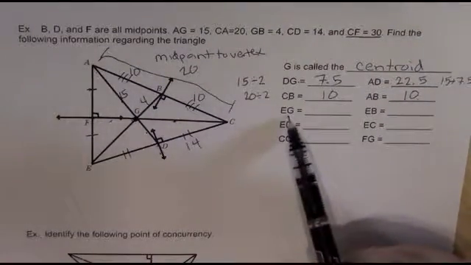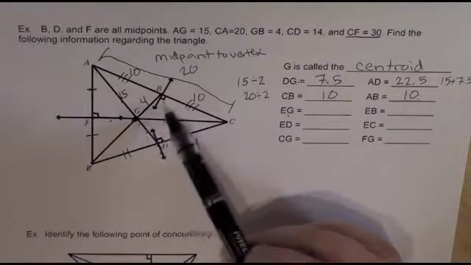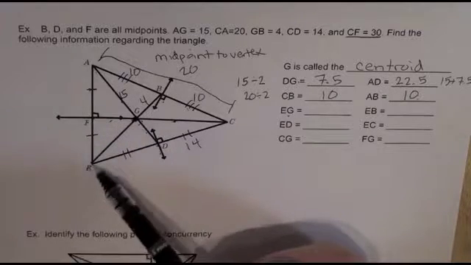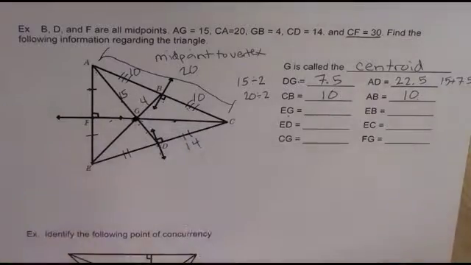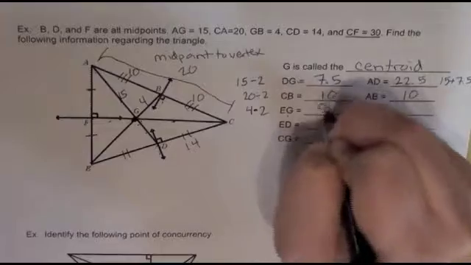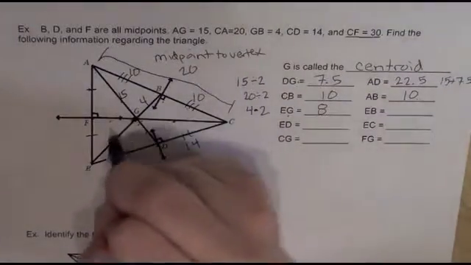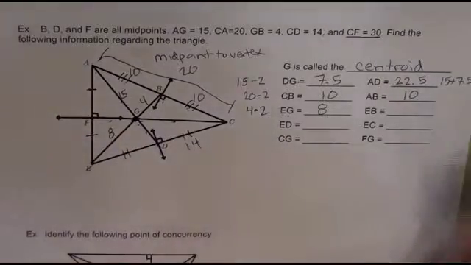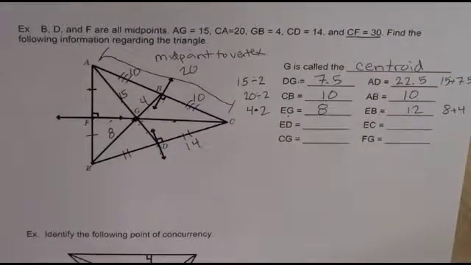Now what about from E to G? Notice E to G is the longer piece of this line segment. So E to G is going to be twice the distance from B to G. So that's 4 times 2, which is 8, which means E to B is 8 plus 4 for 12.